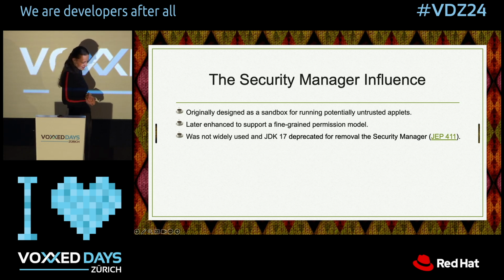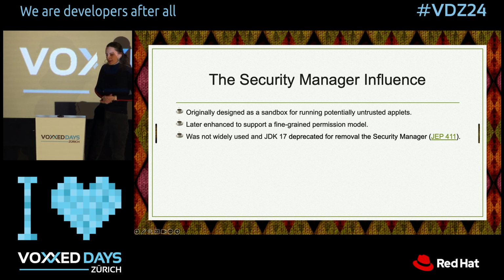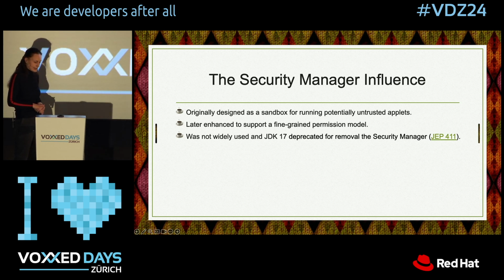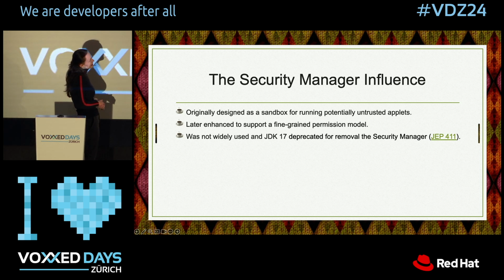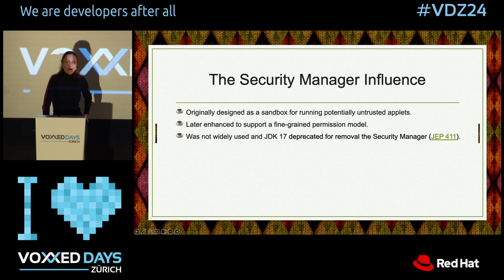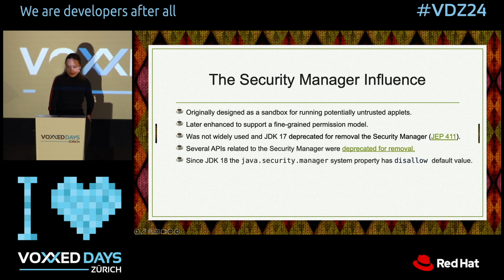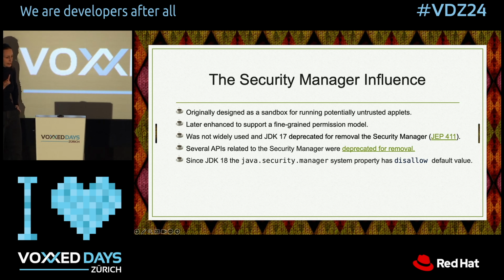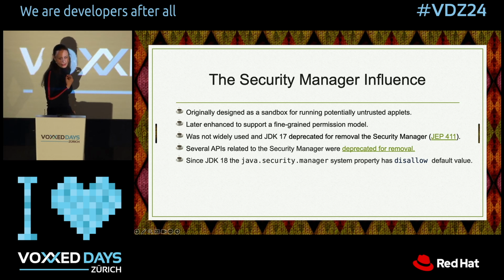As a result, the security manager was deprecated for removal starting with JDK 17. The reasons behind it are pretty easy to identify: it had a brittle permission model, a difficult programming model, and poor performance.